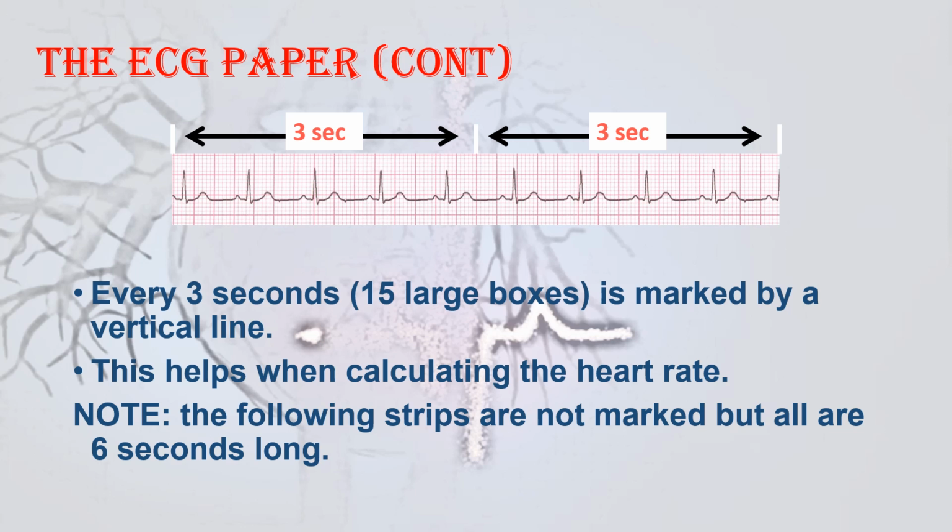With this strip we can calculate the heart rate for a 6 second length. Usually there is a formula: if the rhythm is irregular, the heart rate is calculated as the number of R waves in 6 seconds multiplied by 10.